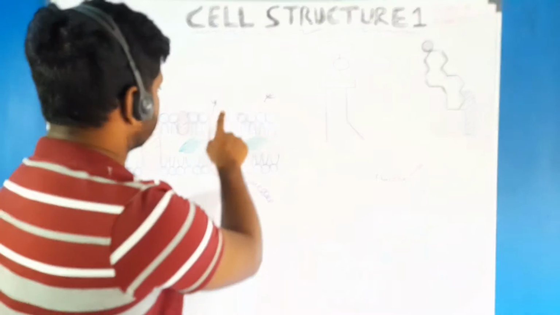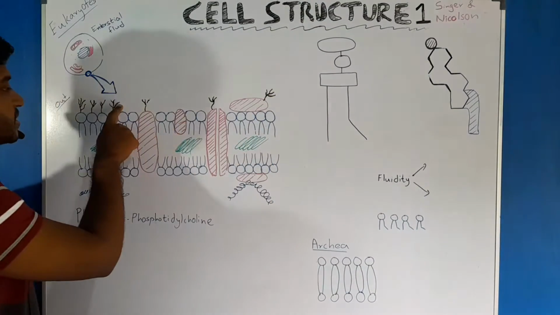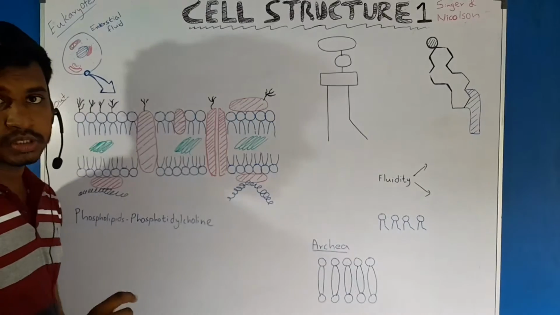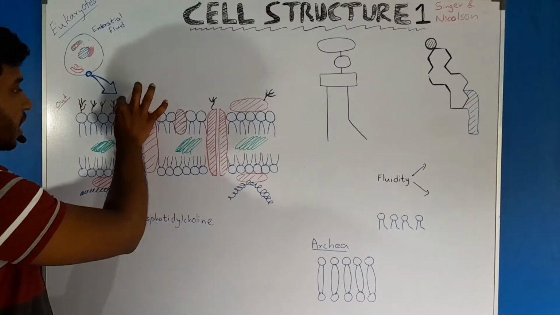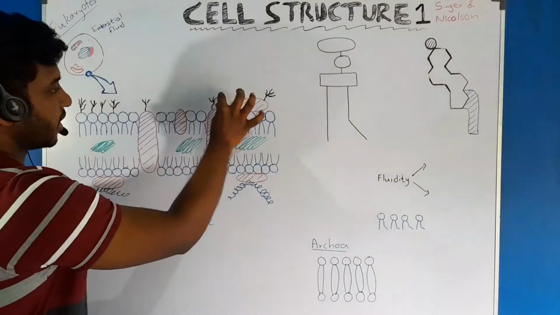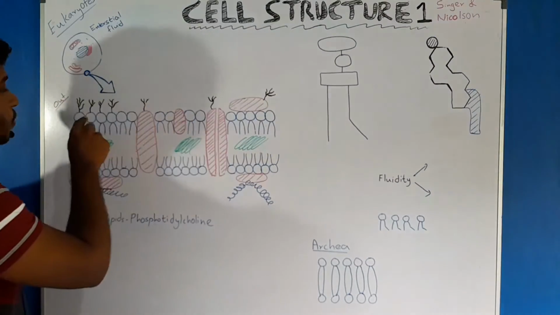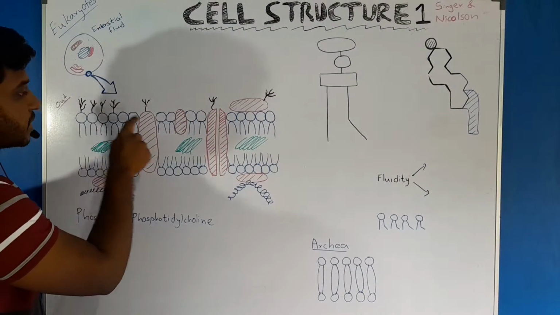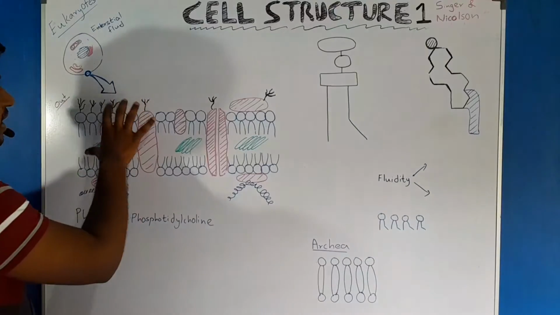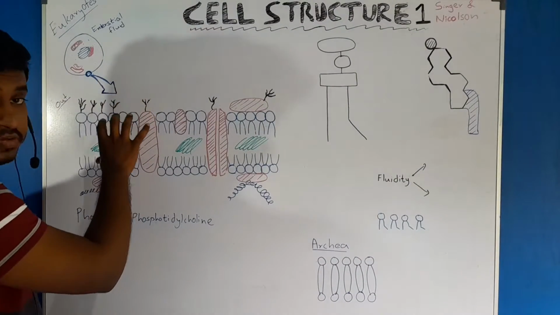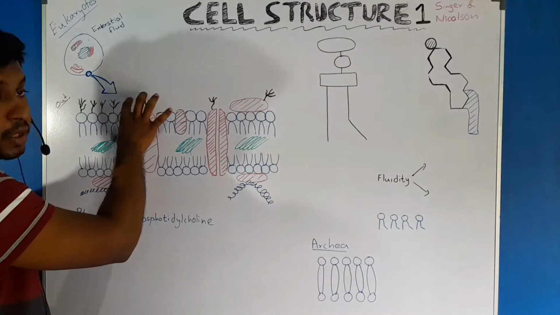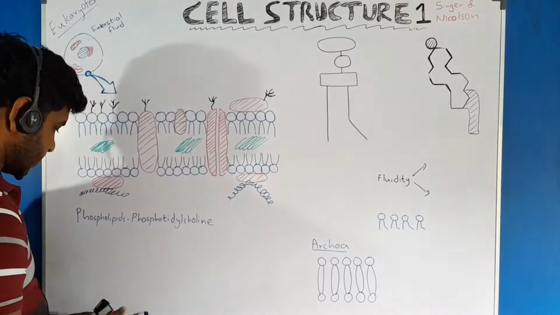Okay. Here you can see these black color molecules. They are carbohydrates, carbohydrate groups. They are attached to both phospholipids and proteins. When they are attached to phospholipids, we call them glycolipids.